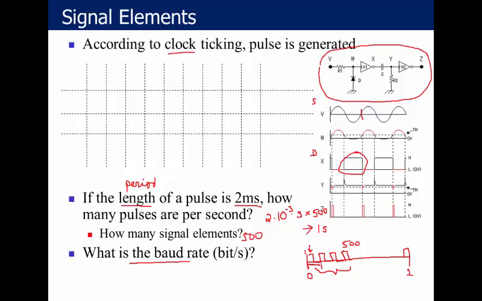There are many different algorithms. One pulse can carry one data element, for example by saying that if there is a volt, we say data 0, and if there is no volt, data 1. In this simple mechanism, we can send 500 data elements because we have 500 signal elements.